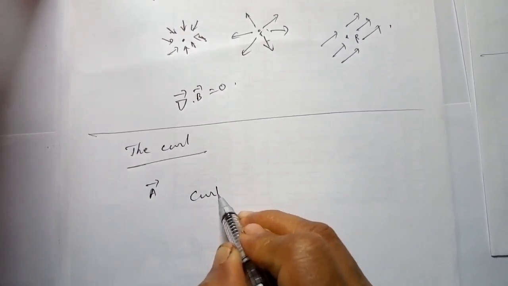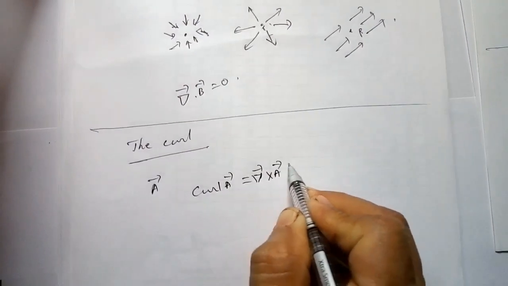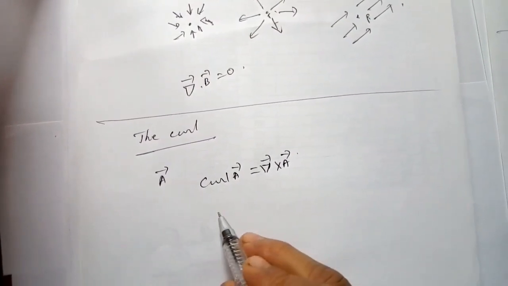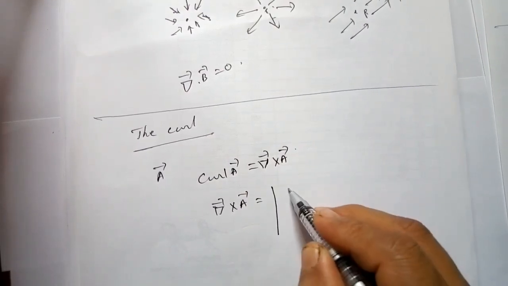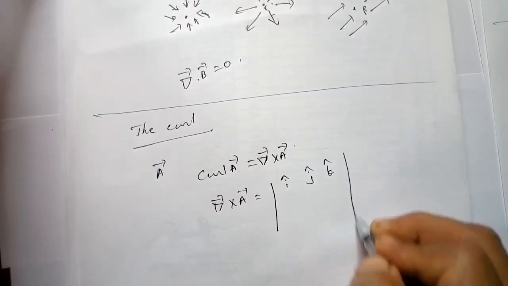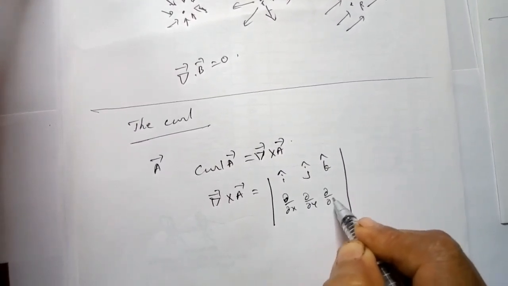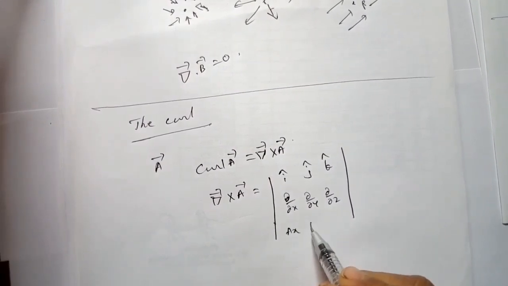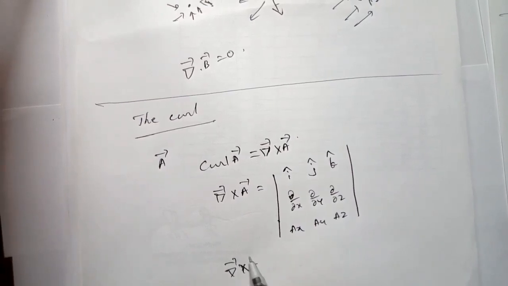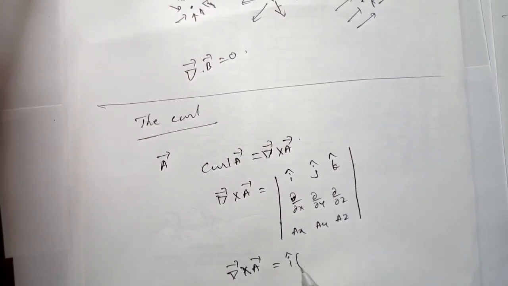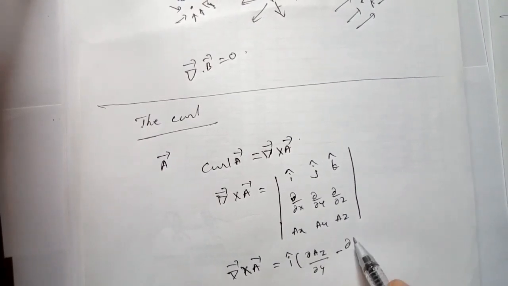We define curl of A as del cross A. So del cross A is equal to the determinant of i cap, j cap, k cap; dou by dou x, dou by dou y, dou by dou z; Ax, Ay, Az.